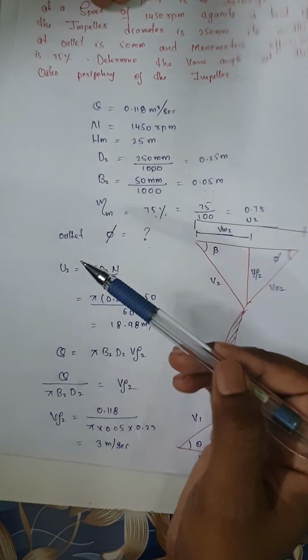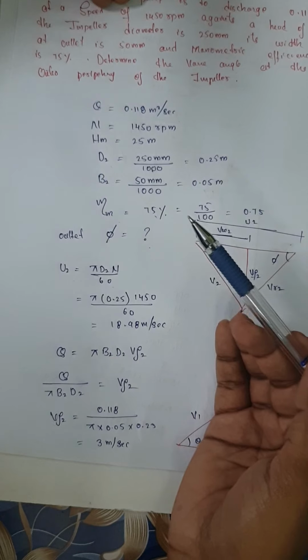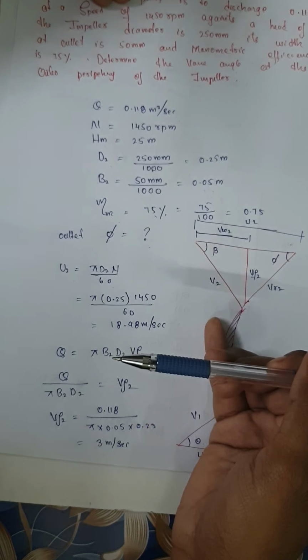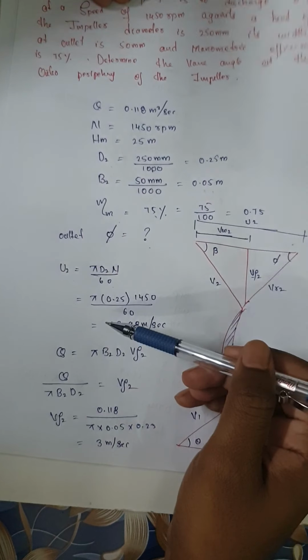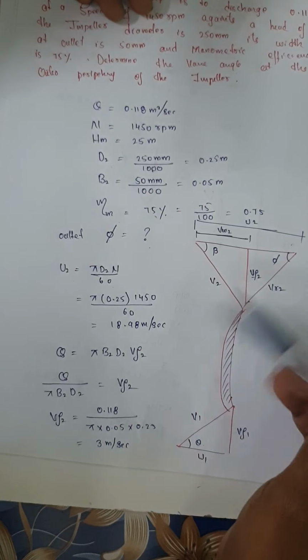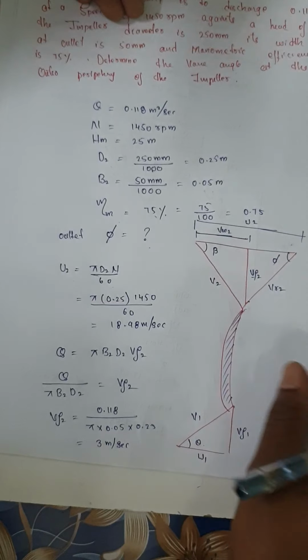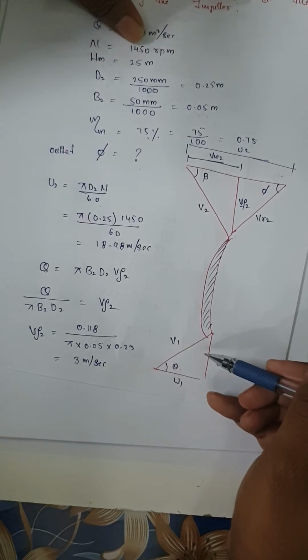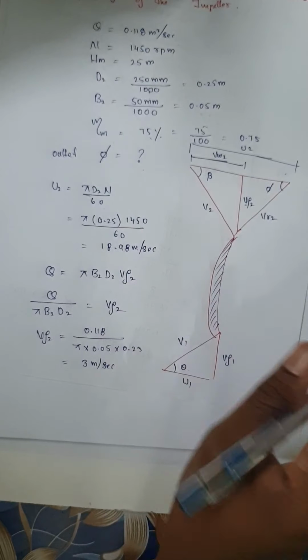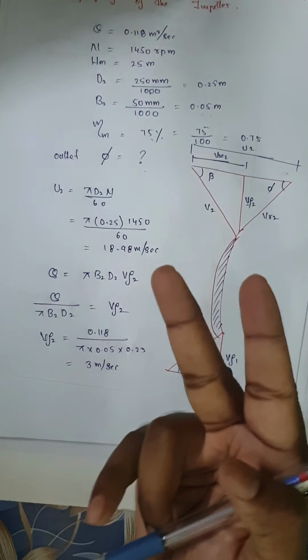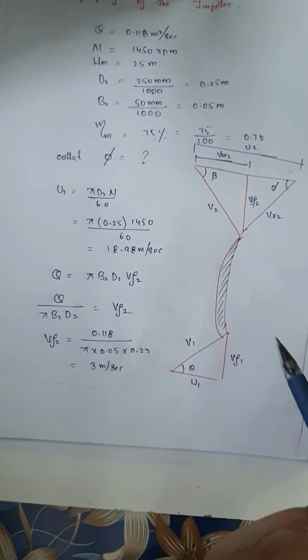So you first try to find out u1 and u2, but u1 you can't find out because you don't know the value of D1. So better to find out D2. After finding D2, you have to draw the diagram. In this diagram, see here mostly 3 triangles are there. This one triangle, second triangle, and third triangle. In these 3 triangles, if you know any two data, easily you can solve the remaining things.